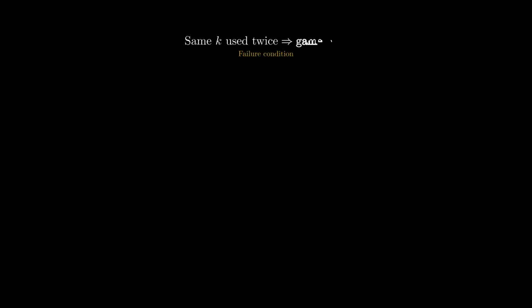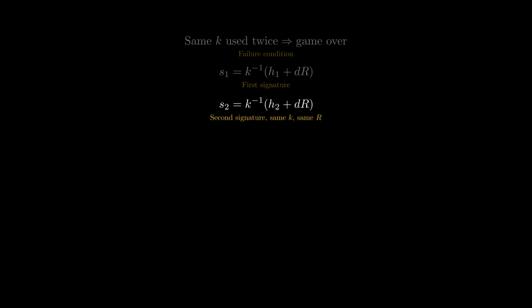The math works perfectly until the nonce doesn't. Suppose you sign two different messages using the same nonce K. Both signatures will share the same R value because R only depends on K. Now watch what happens. The first signature gives S1 equals K inverse times the quantity H1 plus D times R. The second gives S2 equals K inverse times the quantity H2 plus D times R. Subtract the second from the first.